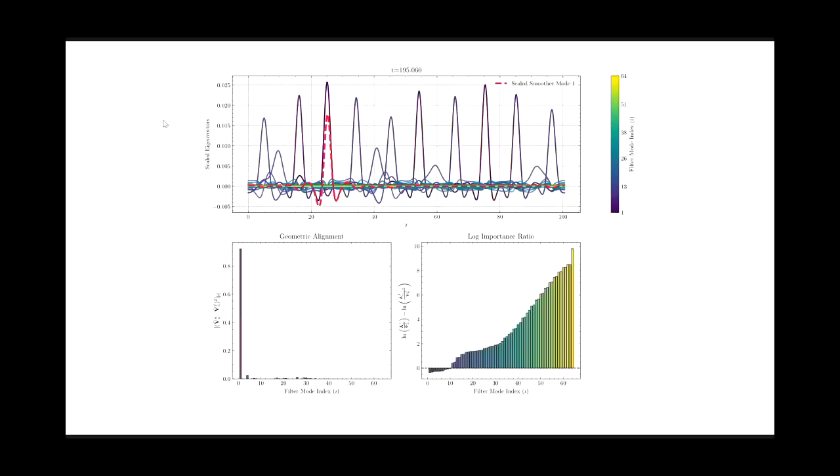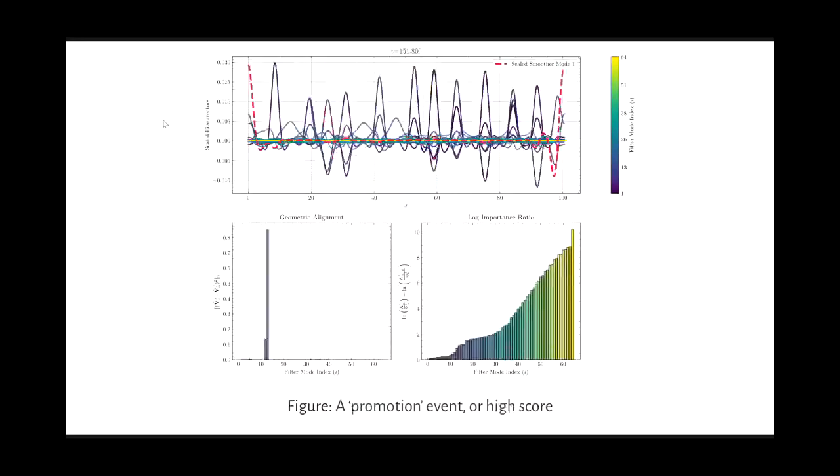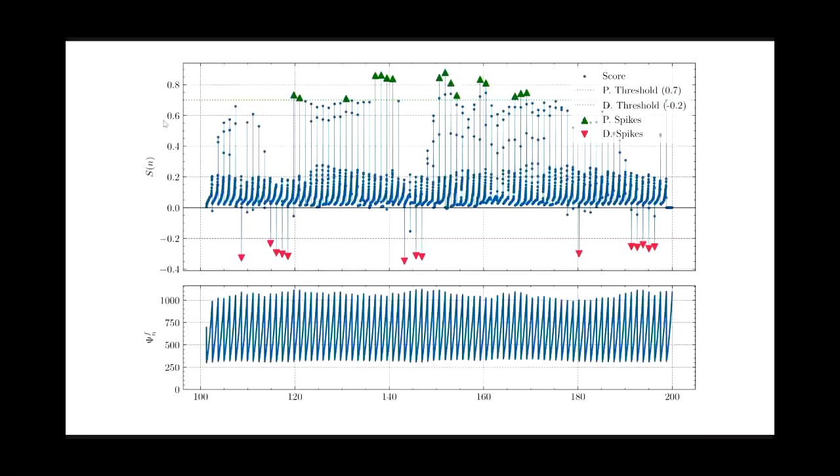I calculate that diagnostic statistic for all events, for all time, yeah. And you get another time series out of that? I get this one, the top. Okay, that's what this is. So this is the score over time.